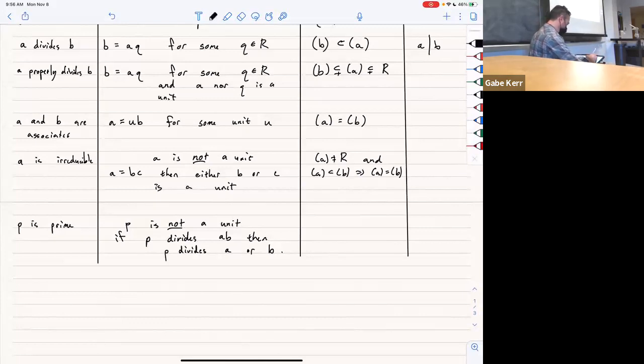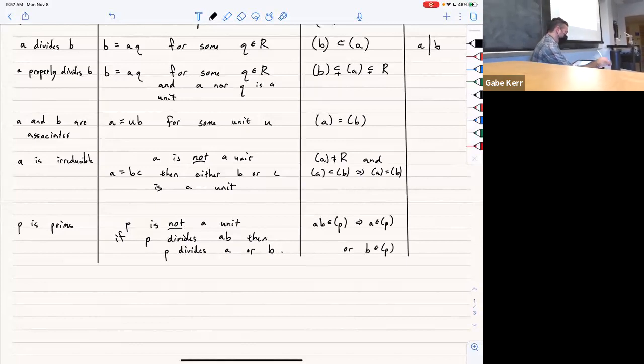This can be written, AB is an element of the principal ideal P implies A is an element of P, or B is an element of P. You could write this as an equation with ideals, but I'm not.